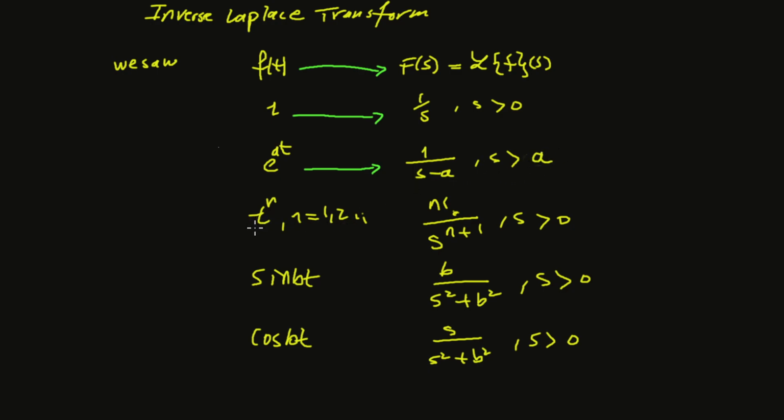And for a power function, I review this because I want you to pay attention: if you suspect a form that looks like n factorial, and you see s to the power, let's say 4, then you may say n could be 3, because s to the power 4 is 3 plus 1. So you'll ask, do I have 3 factorial on top?